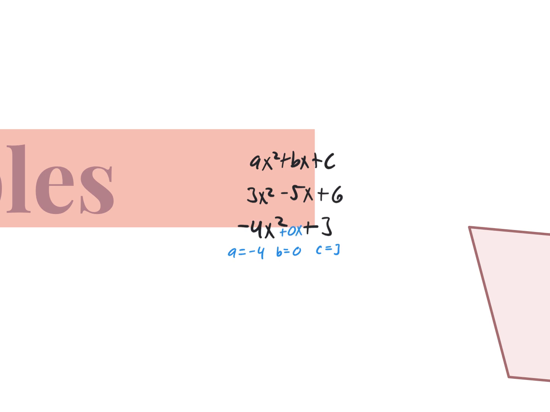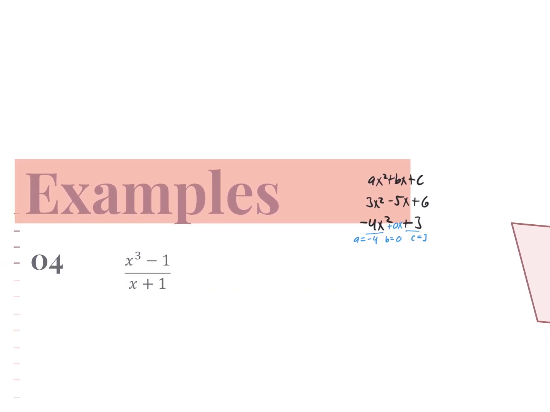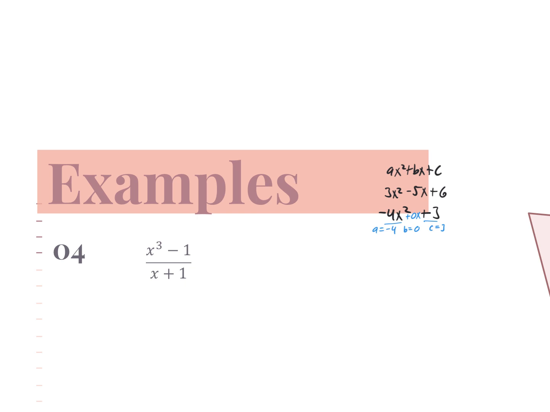So we have a 0x. We're writing it in as a placeholder just to have a b term. But really, just writing this, negative 4x squared plus 3 is perfectly fine. In this case, with long division, we're going to want a placeholder for any missing variables.